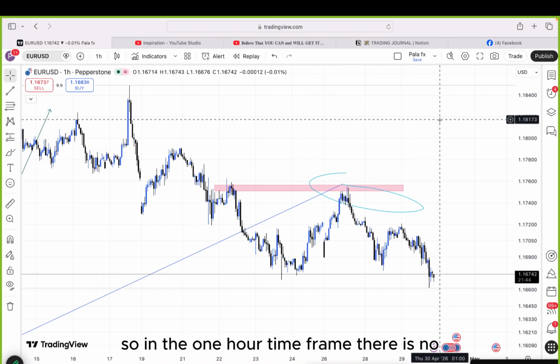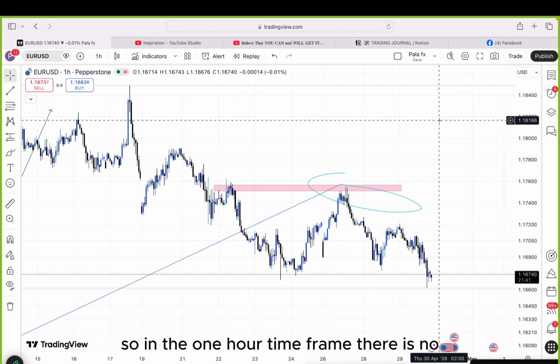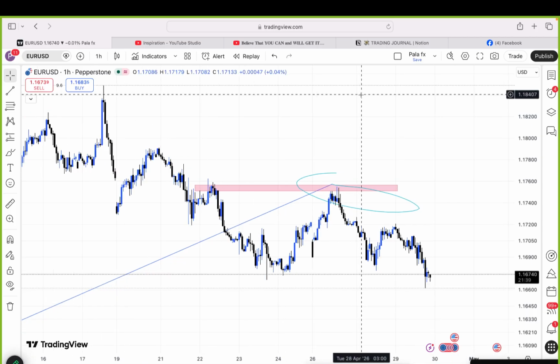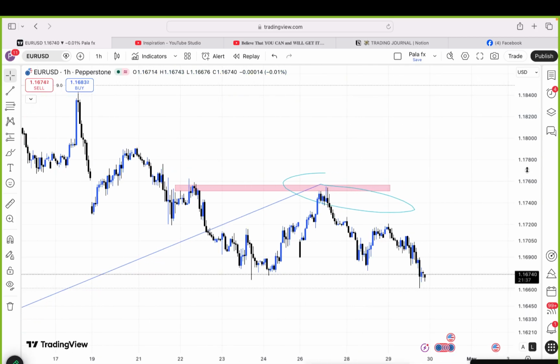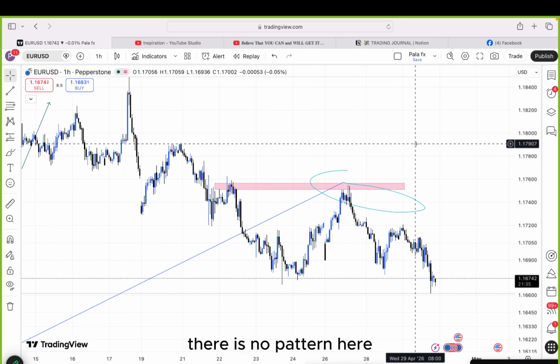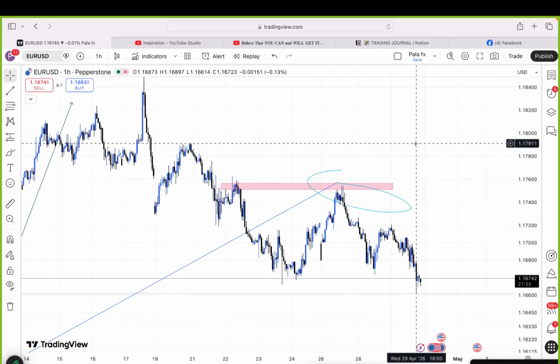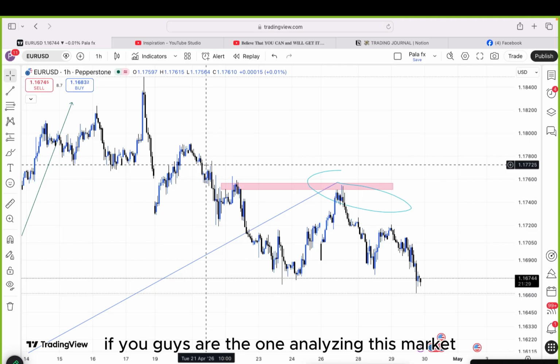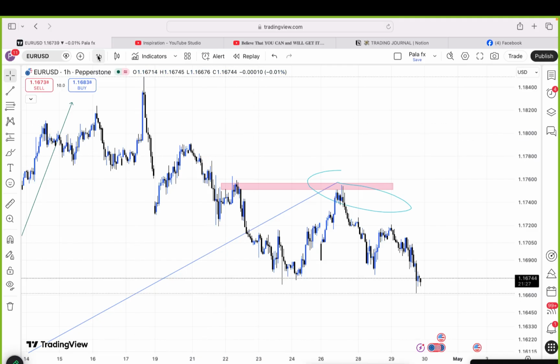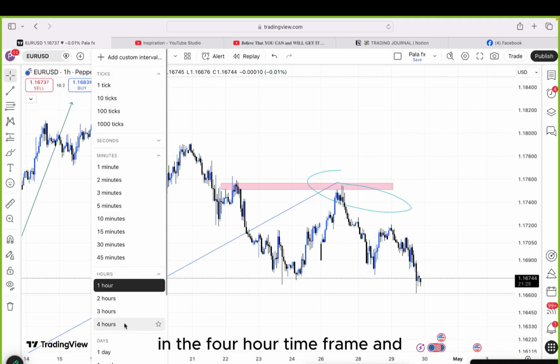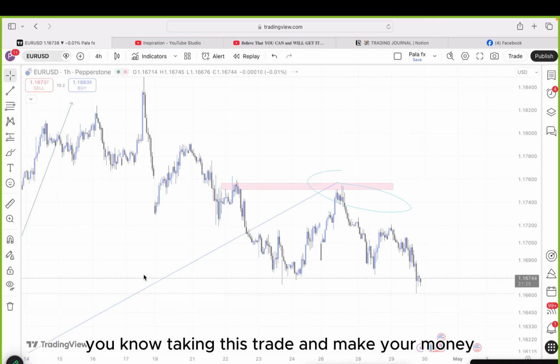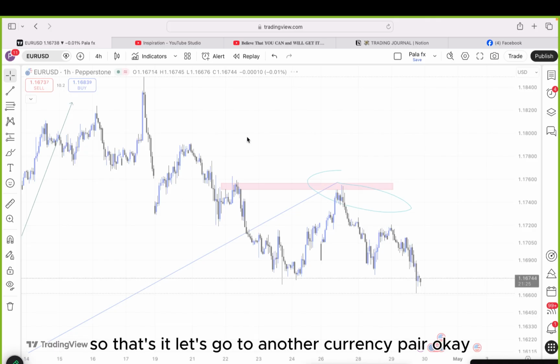In the 1-hour time frame, there is no pattern here. Which means if you were analyzing this market, you could have seen your entry in the 4-hour time frame, taken this trade and made your money. So that's it.